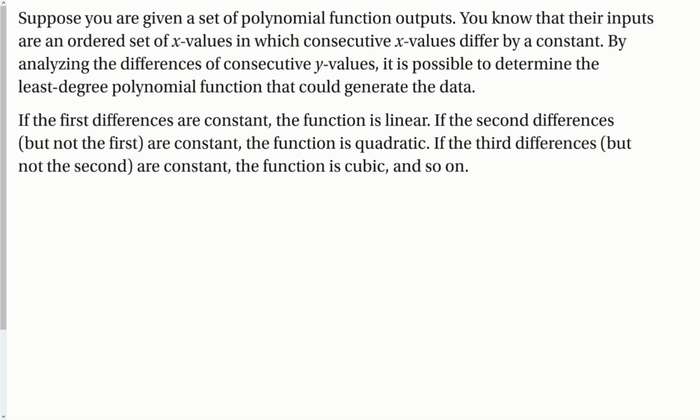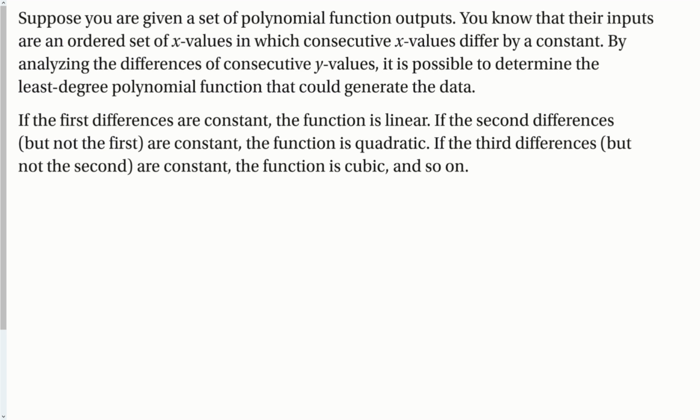Okay. So one other thing we can do with these polynomial functions is figure out the degree if we're given raw data. So suppose you're given a set of polynomial function outputs. You know that their inputs are an ordered set of x values, so they're in order, in which consecutive x values differ by a constant. So the x values are 1, 2, 3, 4, 5, 6, 7. There's some sort of pattern in the x values.